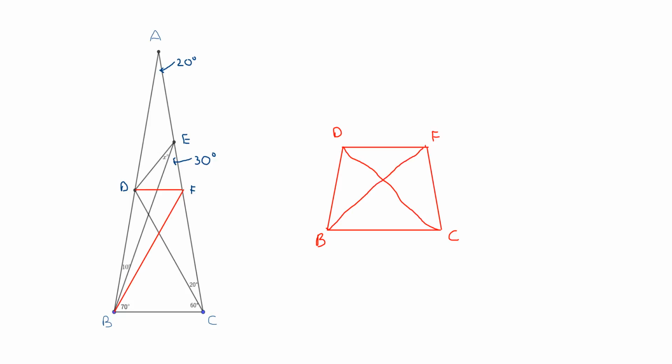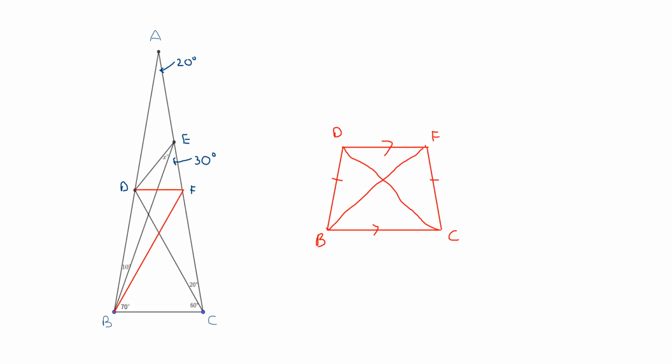So we notice that this and this are parallel, and we can also see that DB and FC are equal, so DFCB is an isosceles trapezium. If you really want to, you can prove DB and FC are equal with congruent triangles, but it's fairly clear, so we'll just assume that they are.